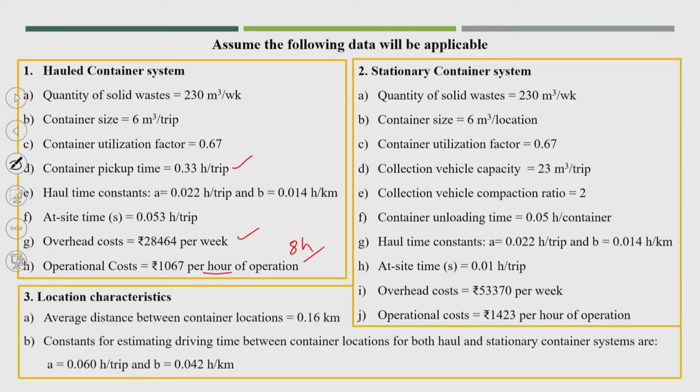Regarding the location characteristics, the DBC value is given, the average distance between container locations is 0.16 kilometer, and the constants for estimating driving time between the container locations, A and B values, are given.